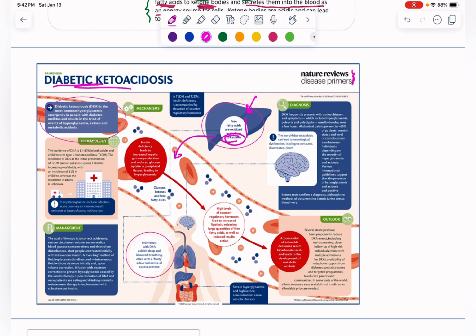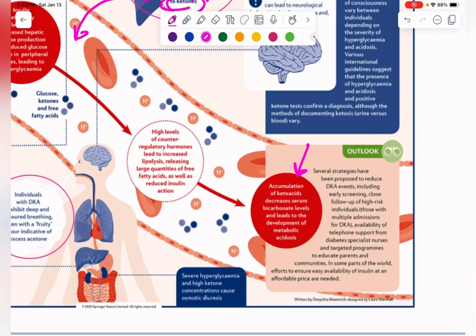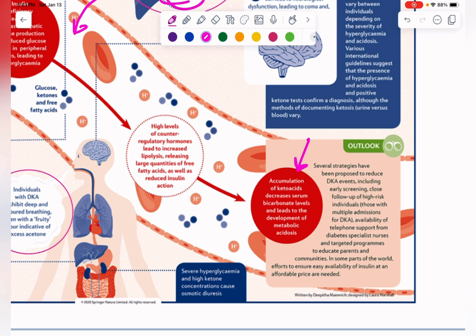And the next thing is that when those ketone bodies accumulate in the blood, those keto acids accumulate in the blood, it causes the blood to become acidic. And this is a state of metabolic acidosis.